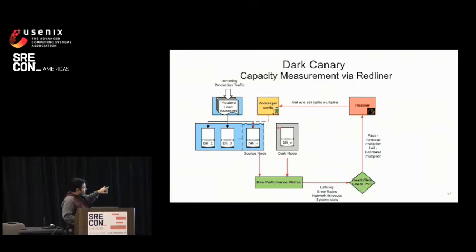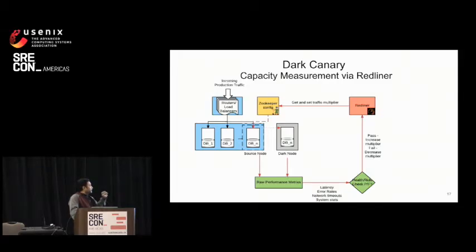And from there, we collect all the raw metrics. We have a health check rule where we check the health of the system. We look at latency, error rates, network timeouts, system stats. Did we increase any exceptions or anything? We check that and report back to the Redliner.